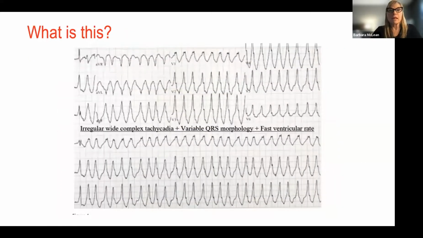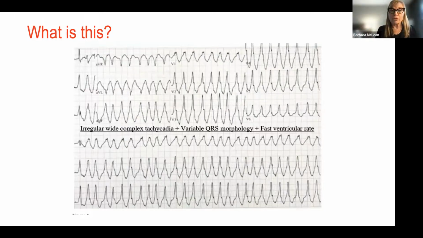So first of all, we take a look at this and we say, oh, look, this is a really wide complex tachycardia. It's really, really fast. And by the way, it's irregular. So right away, I'm going to say, does everything point in the same direction? Or are you twisting up and down?